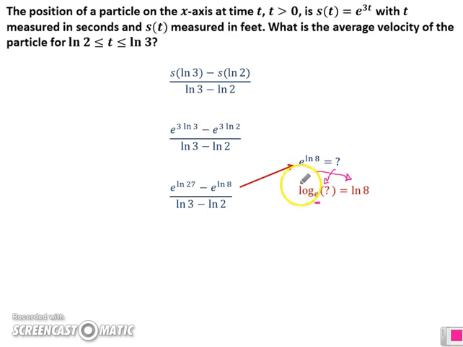And now log base e is really the kindergarten way of writing the natural log. So instead of log base e, it's really ln. It just has its own symbol. And if you just look at that equation, the equal sign says those are equal. So that question mark has to be an 8. So from the very beginning, I said this question mark was an 8. It's because the e and the natural log undo each other, and you're just left with the exponent.